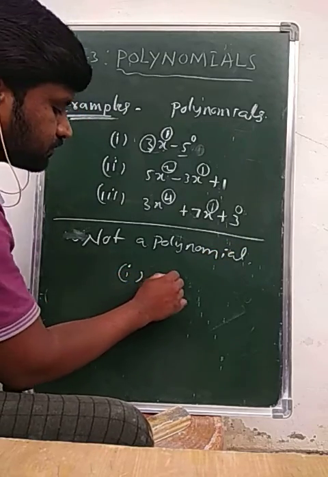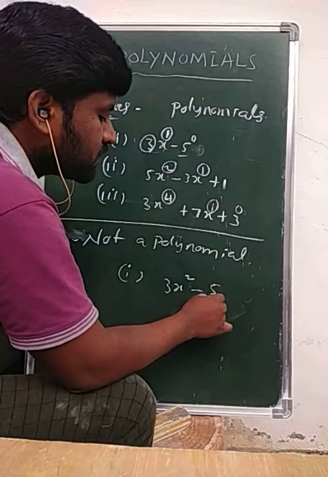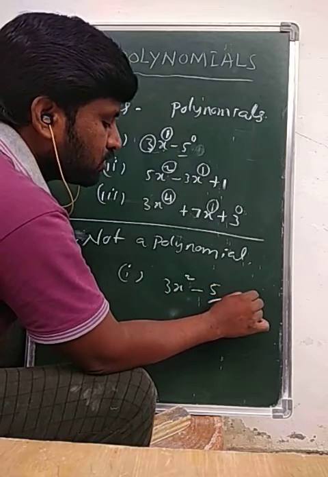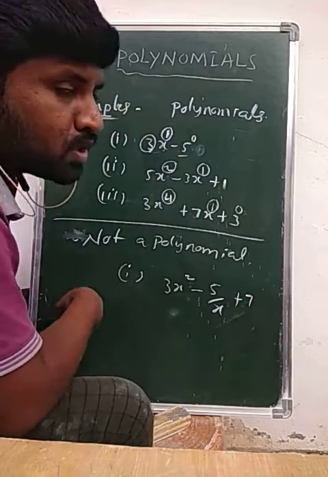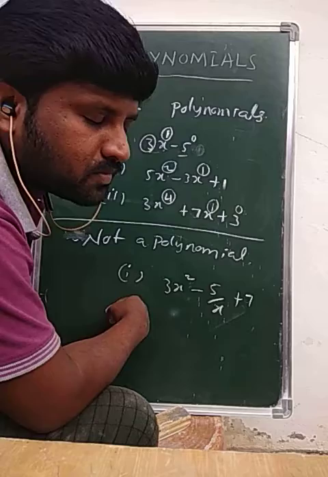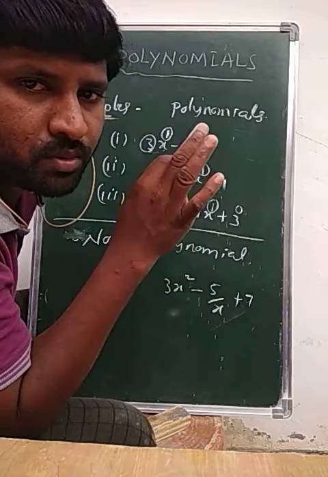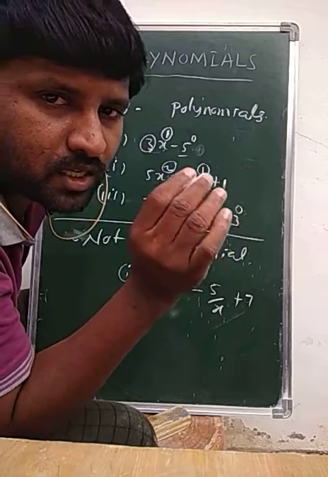I am writing 3x square minus 5 by x plus 7. Is it a polynomial or not? Then how to check it? According to the definition, the power should be a whole number, a non-negative integral power.